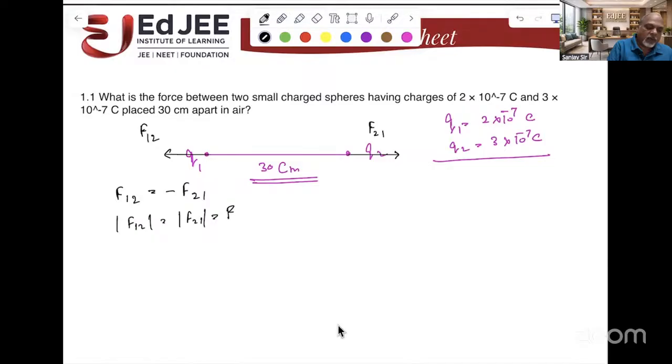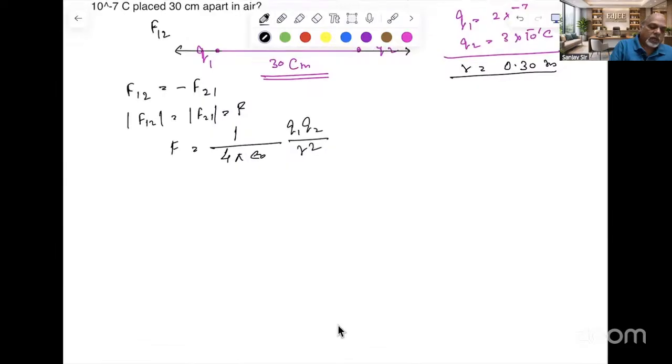Suppose this is F. So we know F is given by Coulomb's law. What is Coulomb's law? That is 1 by 4 pi epsilon 0 into Q1 Q2 upon R square. Here R is 30 centimeter, means you have to put the things in the correct units. Correct. So let us put the value.